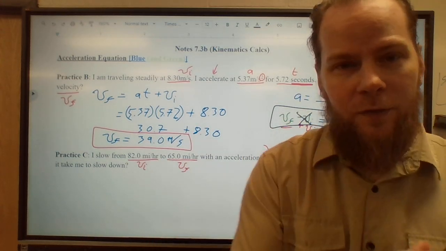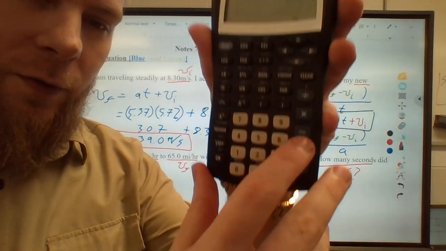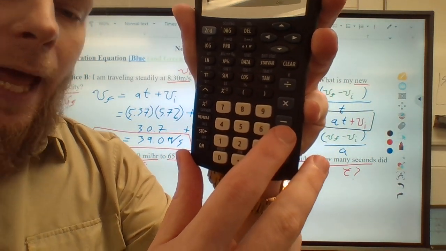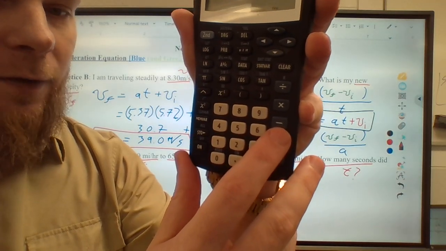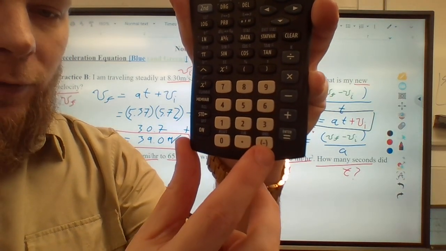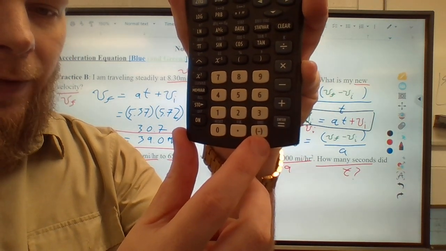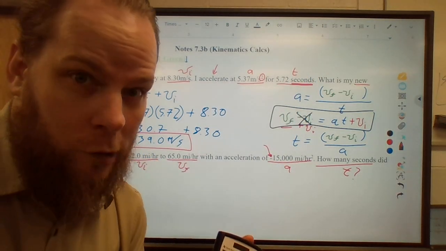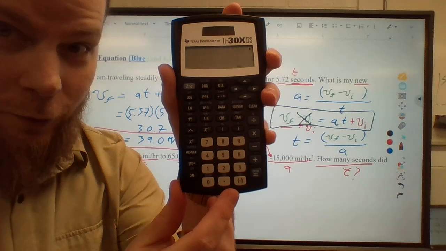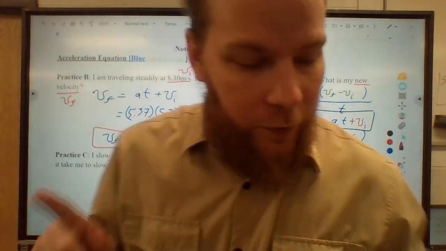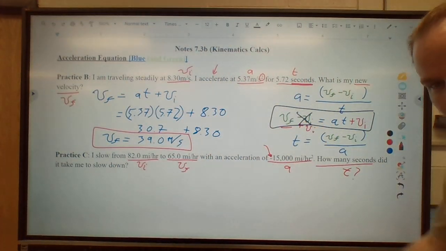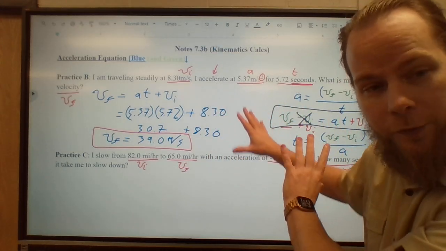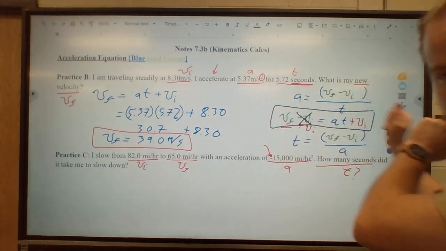When you subtract, you use this button right here. That's the minus for subtraction. However, when you're trying to put in a negative number, you have to use this minus sign, the one at the bottom of the calculator. If you're using a Casio, good luck. But this is how you do it on a TI. Okay, so now, pause this, work it out, get the answer, then unpause it, and we'll check and see if you did it right.